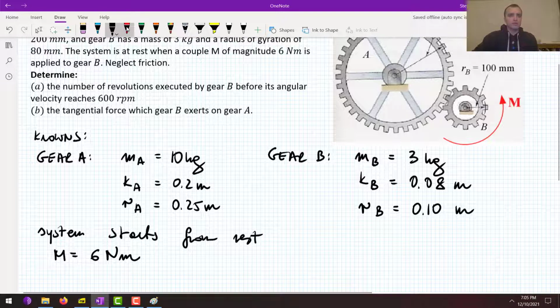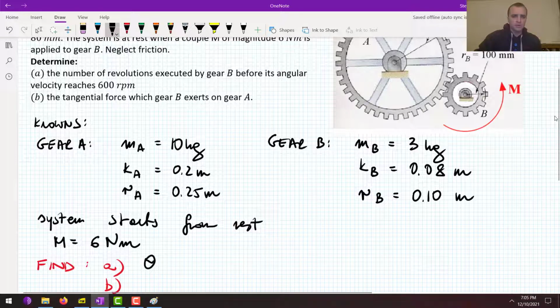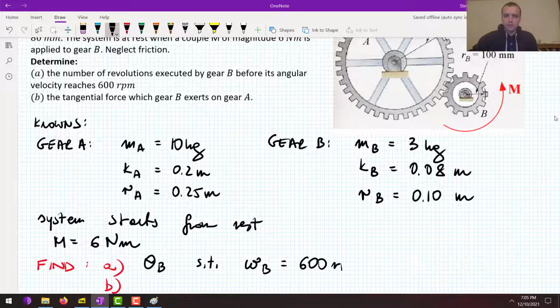And what do they ask us to find? Aha, in part A and in part B. They ask us to find theta B such that omega B is 600 RPM. I believe that this will be 600 times 2 pi divided by 60, so this will be 20 pi radians per second.